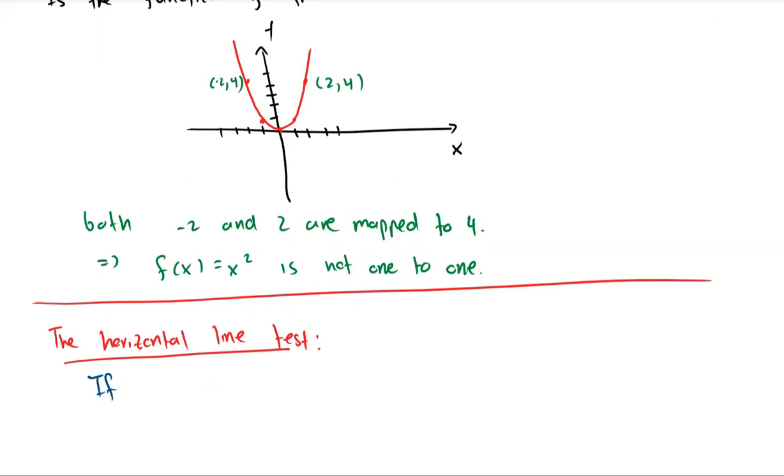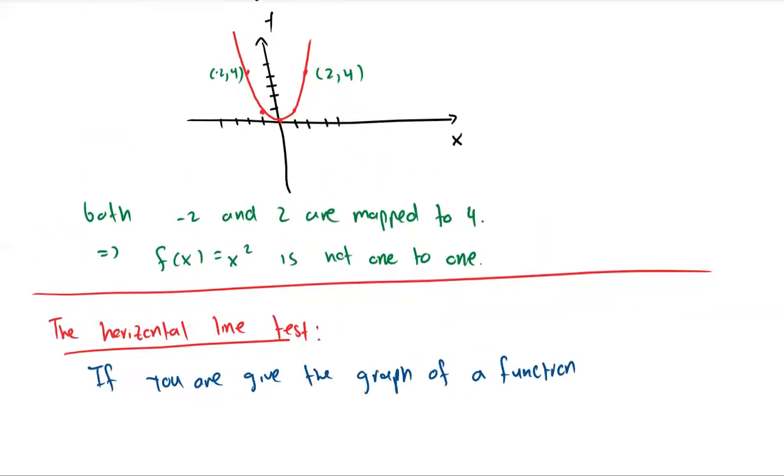If you are given the graph of a function, and again, anytime we use the xy plane, we're thinking of a function mapping the real numbers to the real numbers. So a function f mapping the reals into the reals, right? Or some subsets of it.